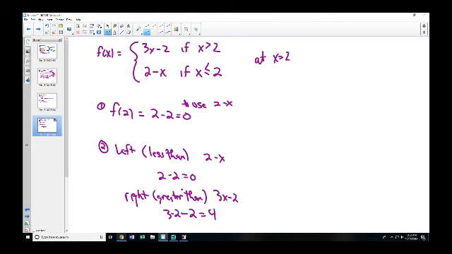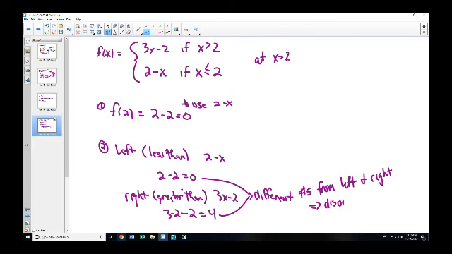Okay, I know I'm moving fast. Are those numbers the same? No. Different. So we have different numbers from the left and right. That implies a discontinuity. Which discontinuity is it?